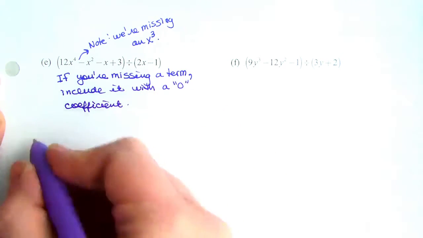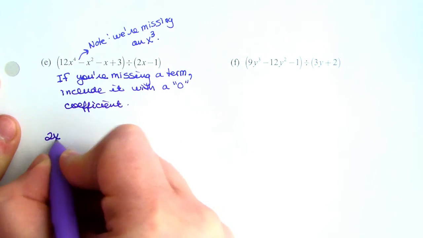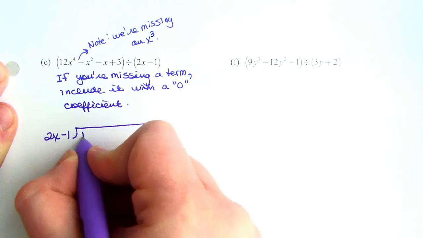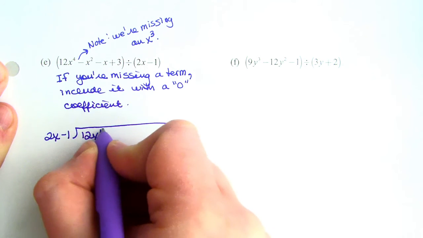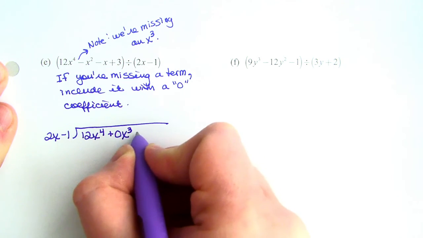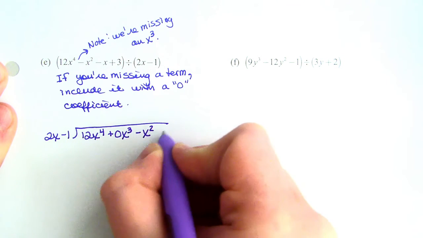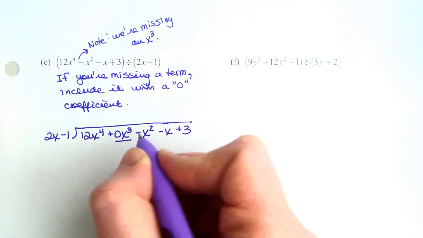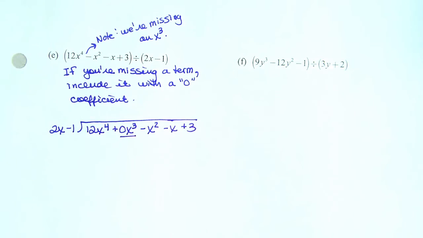So all that I mean by that is when I set up my division problem, I'm going to get 2x minus 1 divided into 12x to the 4th plus 0x to the 3rd minus x squared minus x plus 3. I just need this 0x to the 3rd to be included there. Get that setup down.